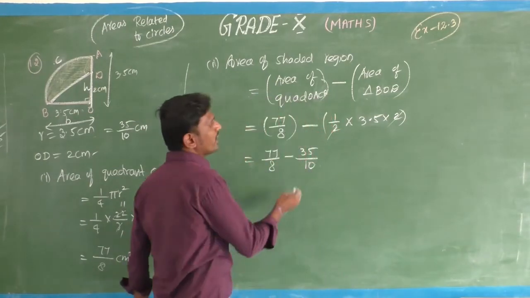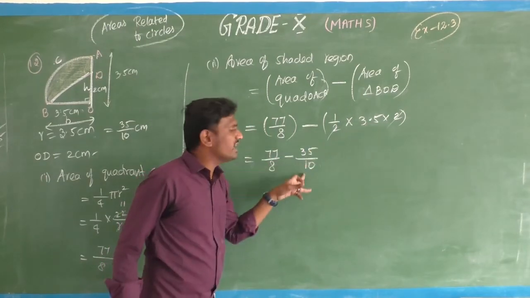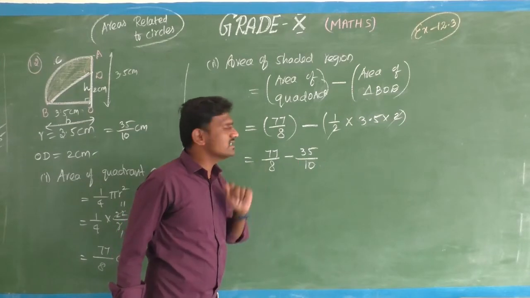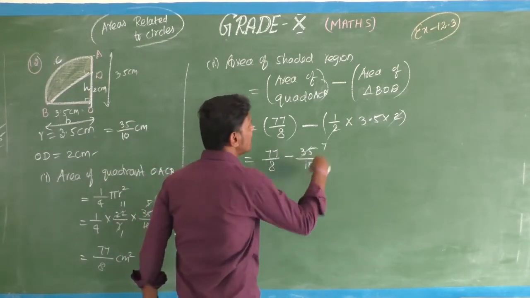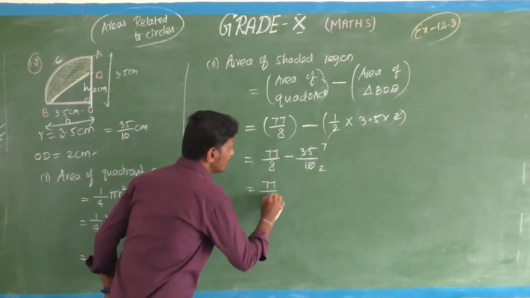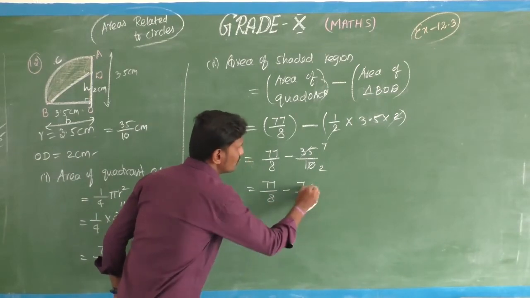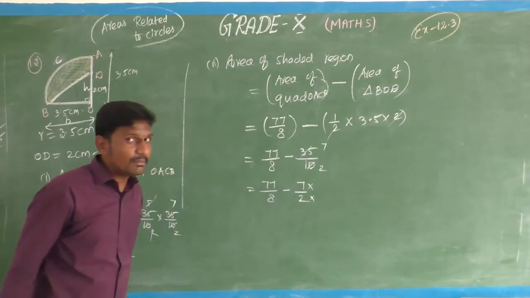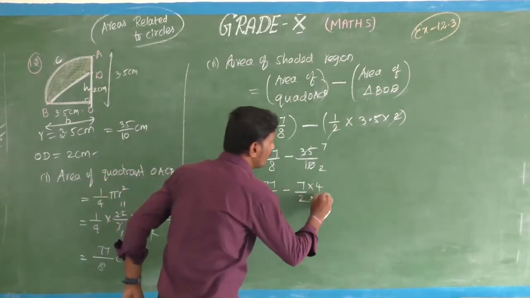If you are going to simplify this 3.5, students, I am making it in fractional format, that is 35 by 10. So simplify by the table of 5. 7 5s are 35, 2 5s are 10. So now 77 by 8 minus 7 by 2. For that I am going to multiply the second fraction, both numerator and denominator, by 4. Why?